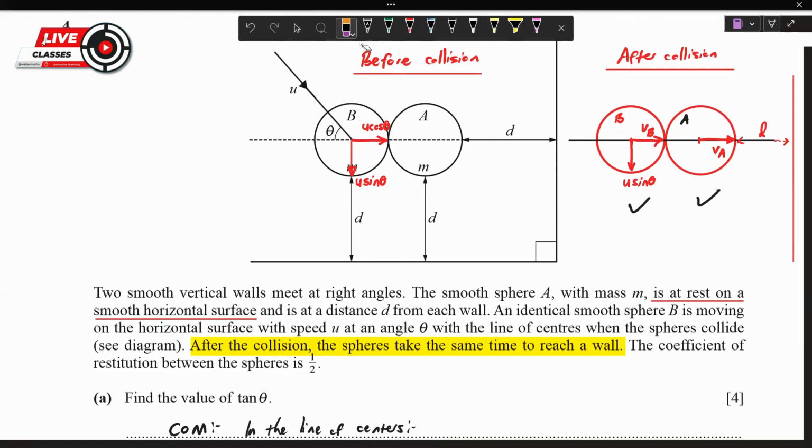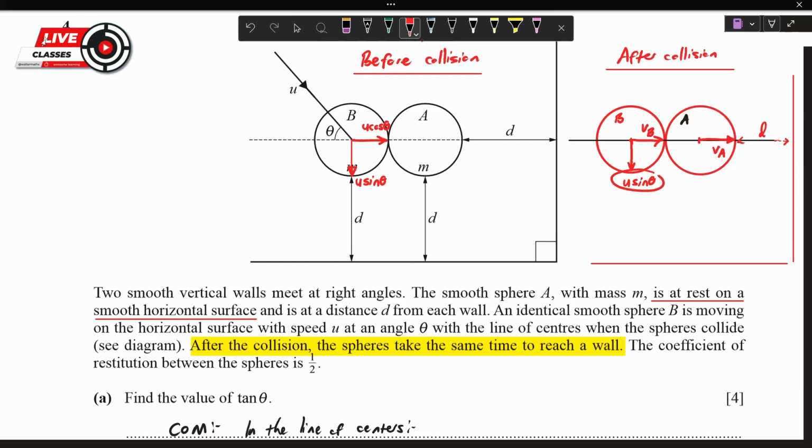If the two spheres take the same time to reach the wall, it means that the time taken by this component of B to hit the wall, in this case, it will be the horizontal wall, is the same time taken by A to reach the vertical wall, the other wall.